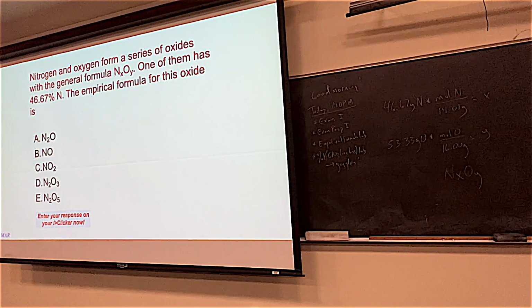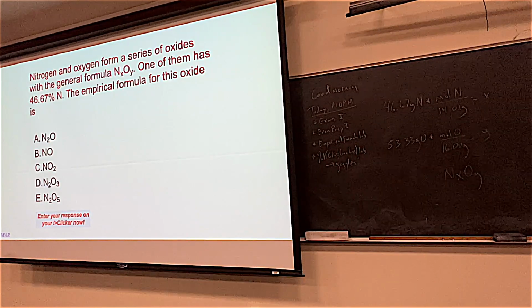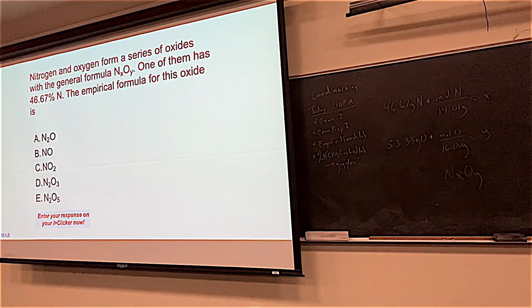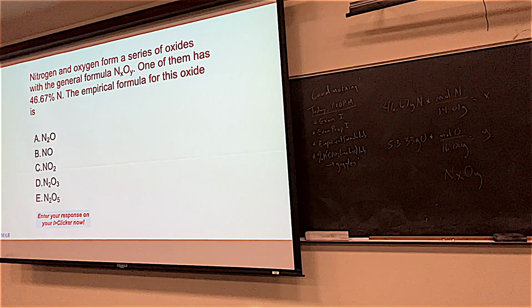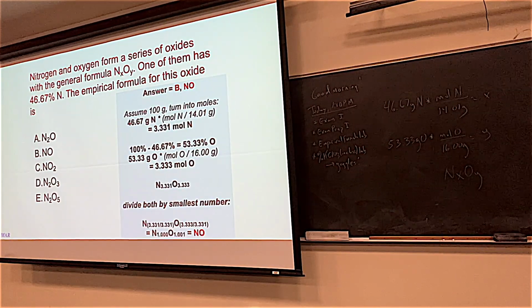So you don't have to use all the digits. It makes your life a little bit easier. Whatever you get, that's literally the X and the Y in this formula. You can then compare them, dividing the bigger by the smaller. Either way, it comes out to almost exactly a 1-to-1 ratio of nitrogen to oxygen.